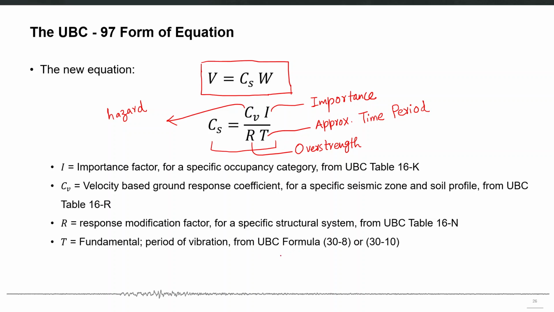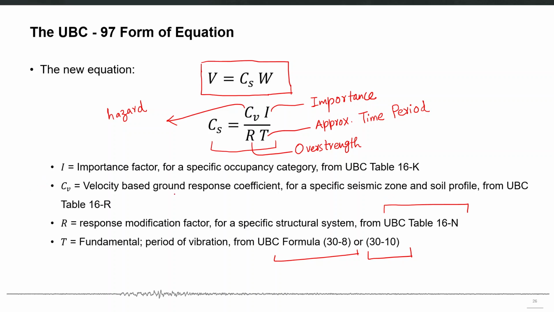UBC 97 provides these two formulas for calculating this capital T. The response modification factor or the overstrength factor will be a function of the structural system, the type of the structure basically, and that type will tell us how ductile or brittle that structural system is. So it will be coming from a table, and that table will provide us the values of R for different kinds of structures based on their inherent ductility.